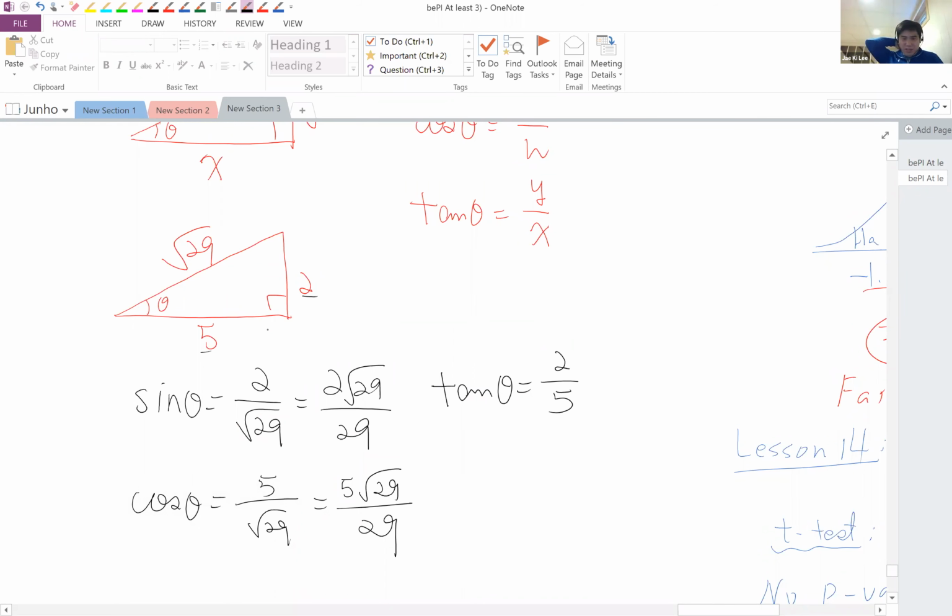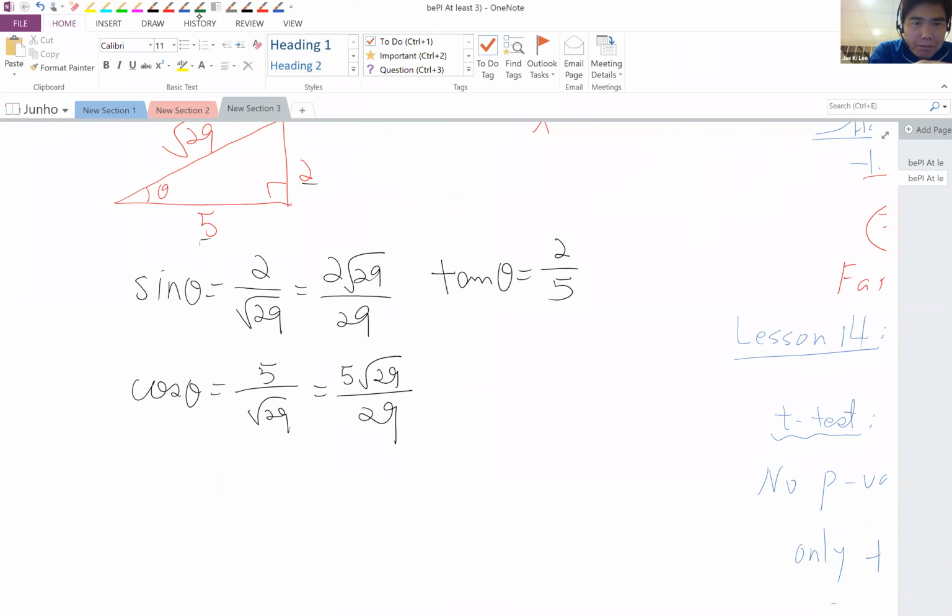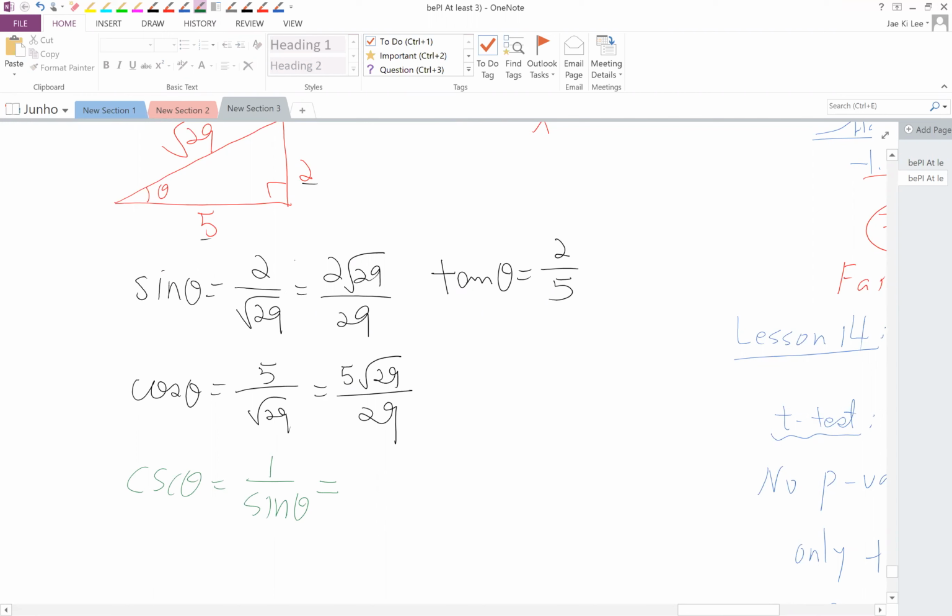So far, so good? Yeah. So you understand what I did, right? Okay, then from here, we can also analyze cosecant, secant, and then cotangent as well. Cosecant theta means 1 over sine theta, so you can switch up and down here. Then root 29 over 2.